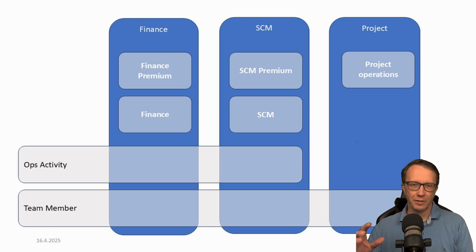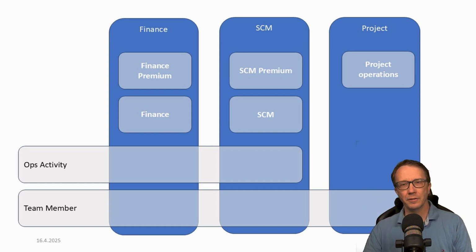So quite often it's team member, or then it's the full price finance license or supply chain management license. These are the licenses that give you access to all of the functions and features within that area.